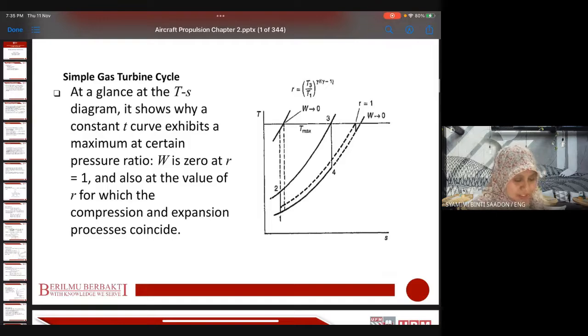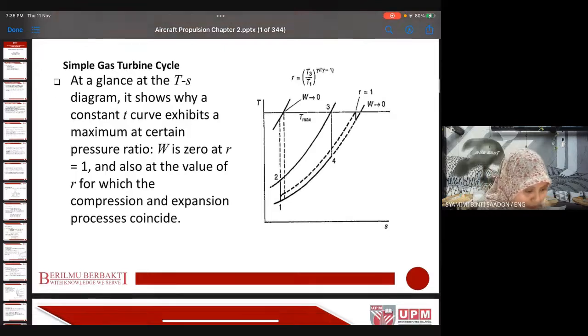This one is the relation between the work output and the pressure ratio. I think I'll pass this one.